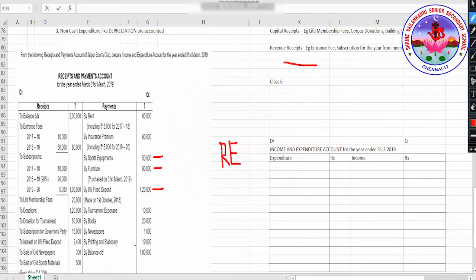Let us first start with the first one. To rent, we have 60,000, less rent pertaining to 2017 to 18, which is 15,000.